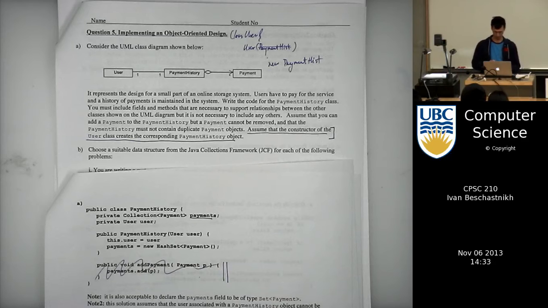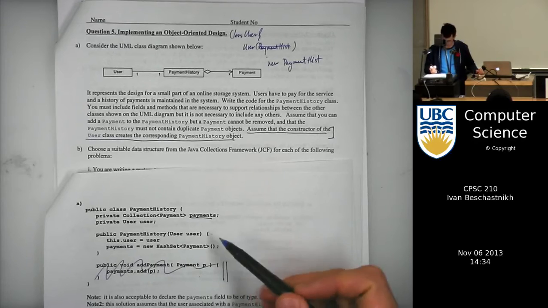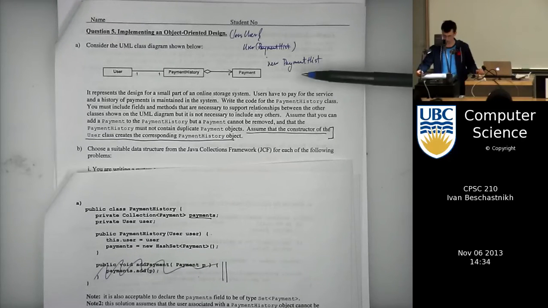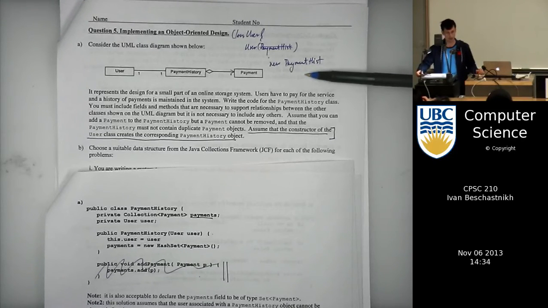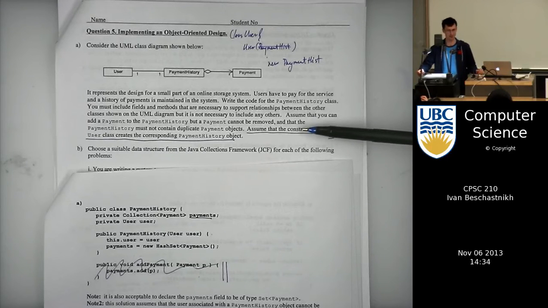So in the constructor, what I wrote is I also pass a set of payments to the field. So I wrote this.payments equals HashSet of Payment. Can I do that, or can I only pass the user? Right. When you have a question of generating code from a diagram, you have a lot of freedom, except for constraints that are written in the question.